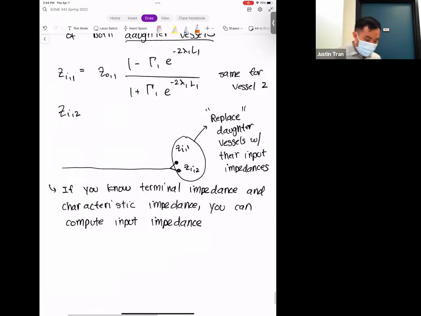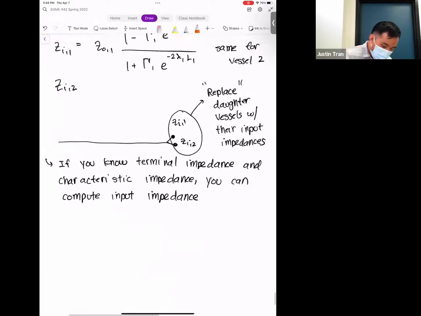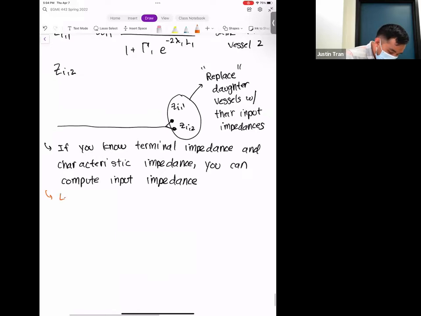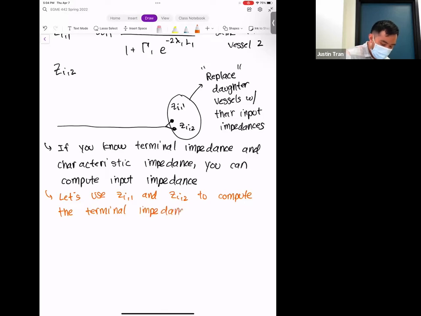Let's use these. We can use these two input impedances to compute the terminal impedance of the parent one.